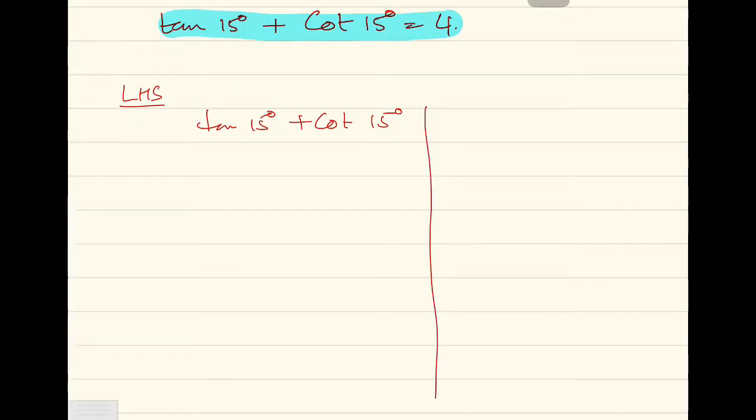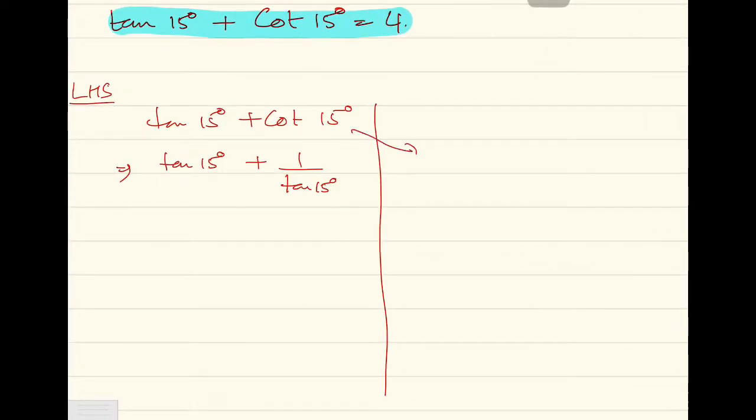Either I can keep the tan as it is and change cot to 1 by tan 15 degree like this, first step. Or I can change this to sine 15 degree by cos 15 degree plus cos 15 degree by sine 15 degree. So two options, convert cot to tan or convert to cos and sine, both will be correct.